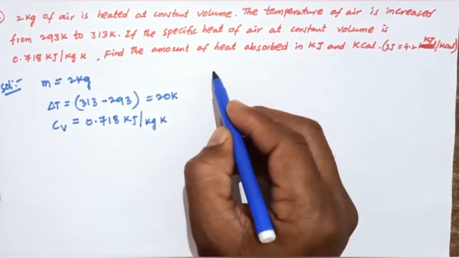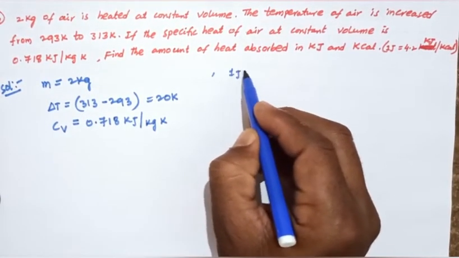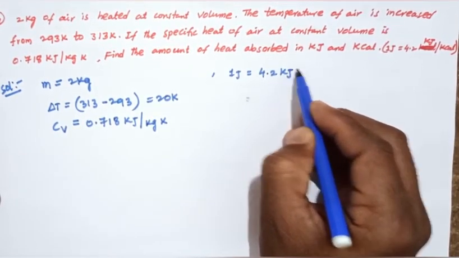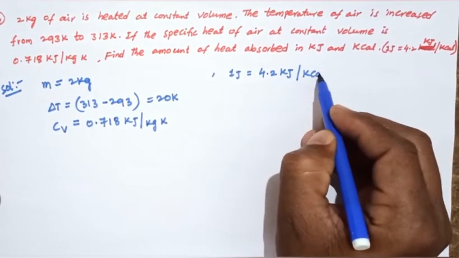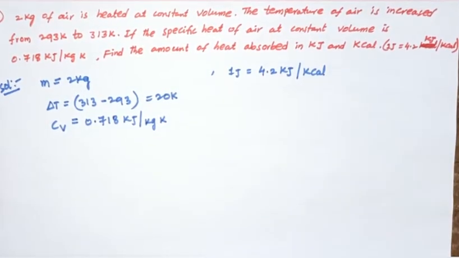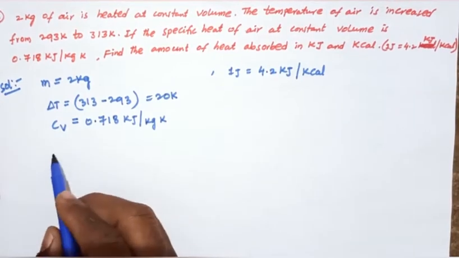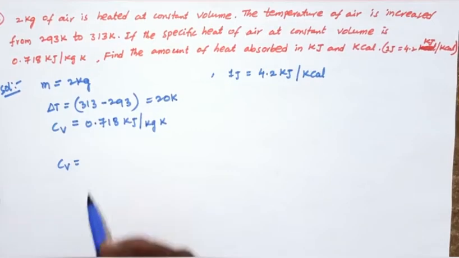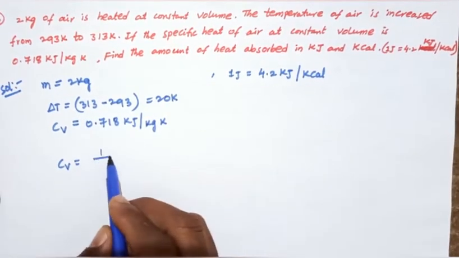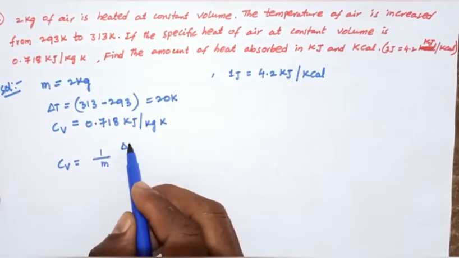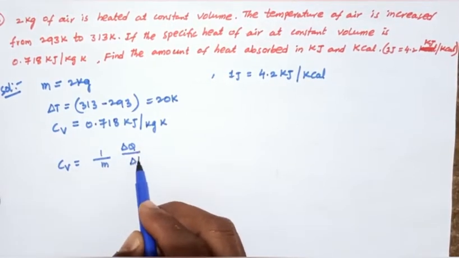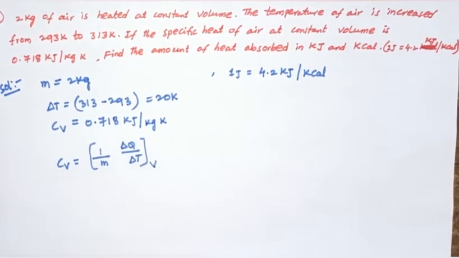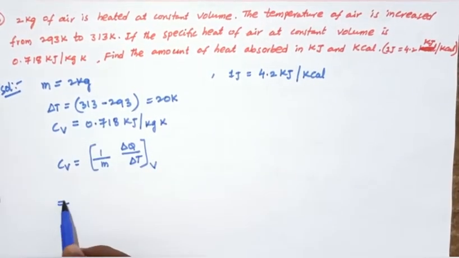Again it is given 1 calorie equals 4.2 joules. So the specific heat at constant volume CV equals 1 by m, delta Q by delta T. We know this expression at constant volume.